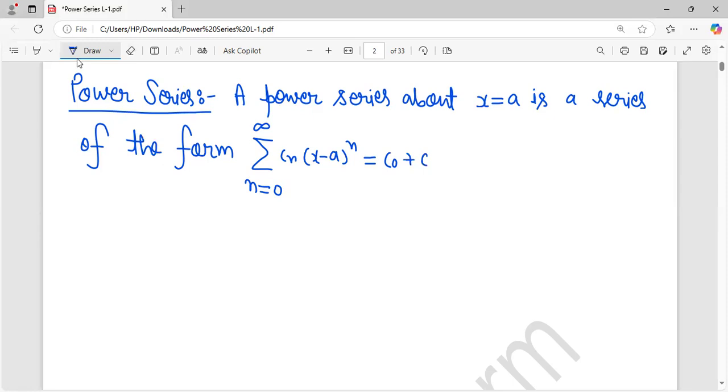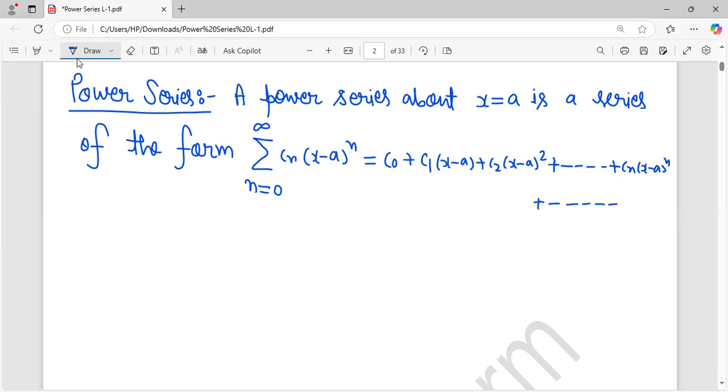Then C1 (x minus a) plus C2 (x minus a) square, and this will go on like that. The last term and the general term is Cn (x minus a) to the power n, and so on. Okay. So this is the power series.